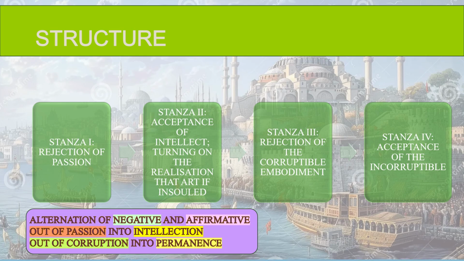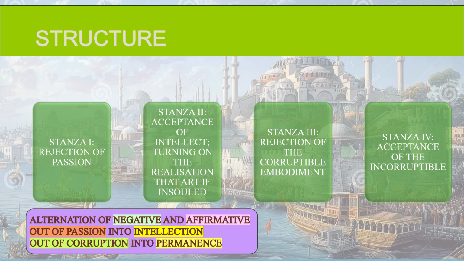Within these 2 halves, further divisions can be found, coinciding with the stanzic divisions. Stanza 1 presents a rejection of passion. Stanza 2 presents an acceptance of intellect, then turning on the realization that art, if ensouled.